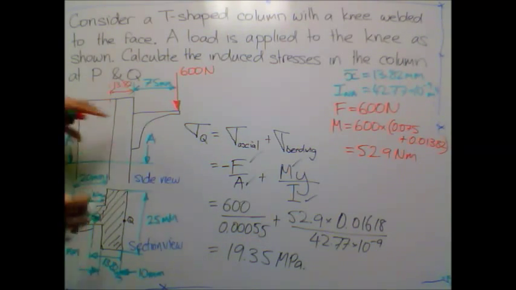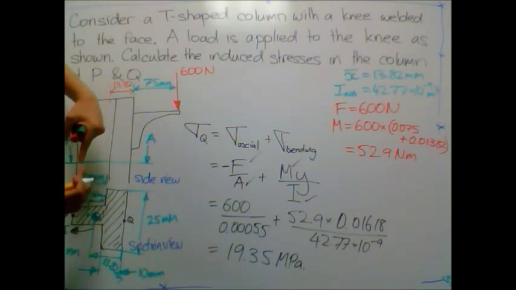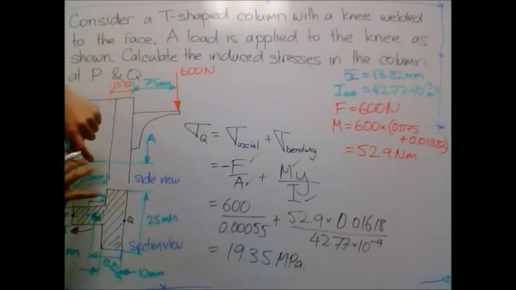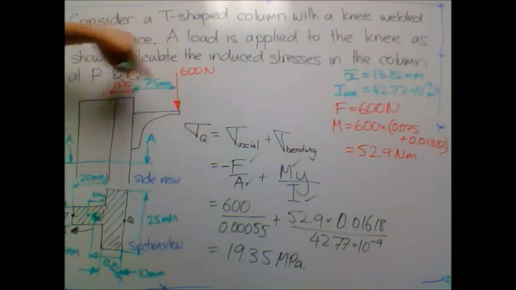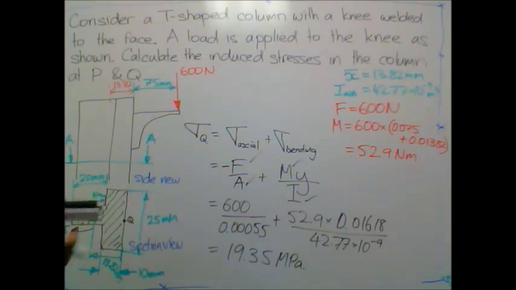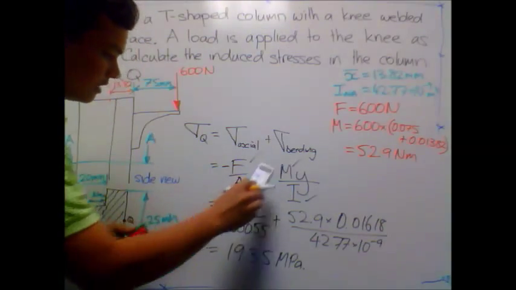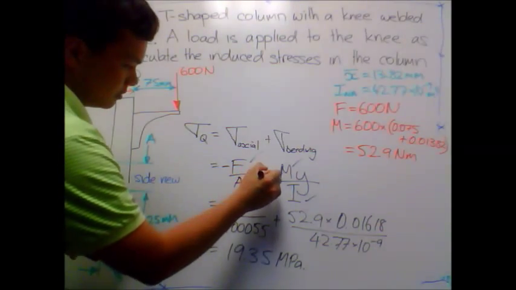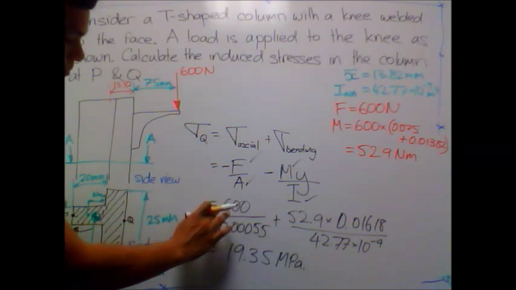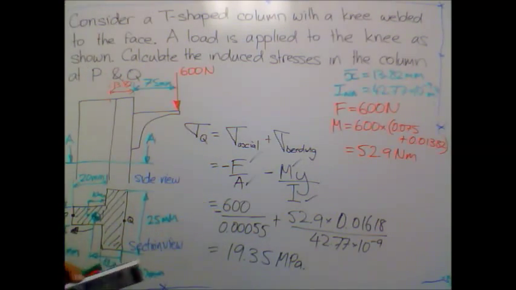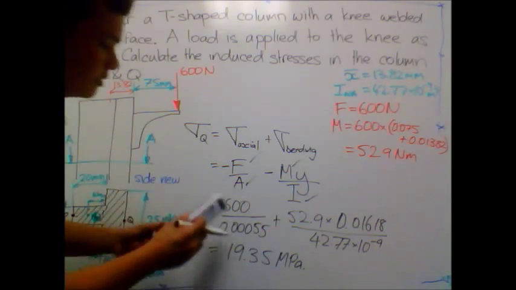So if you imagine that the system is made out of rubber, this bending is trying to compress on that side, on the Q side, and it's also because of this compressive load of 600 Newton. So this value of M is going to be negative, so there will be a negative that's introduced. My compressive load here, sorry, that was supposed to be a negative. My compressive load here, so this will be negative.